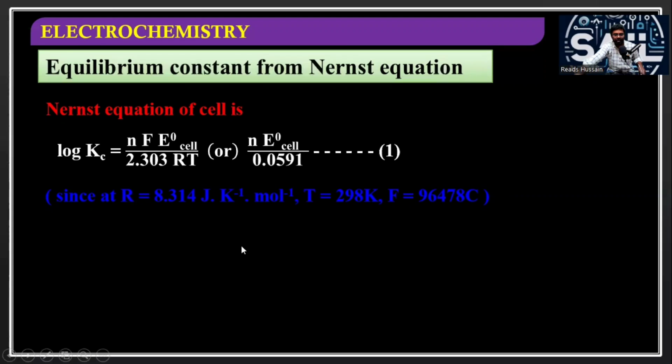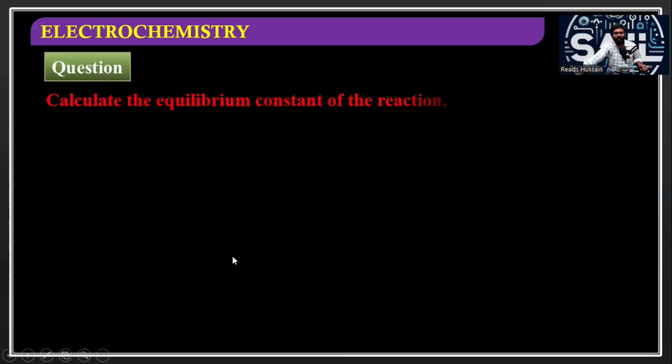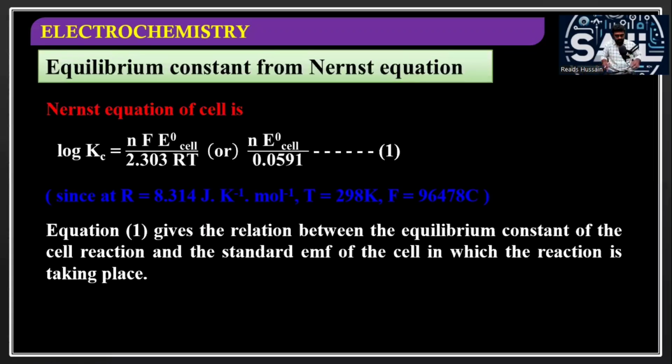If you substitute the R, T and F values here, then this formula becomes like this. That means this value becomes 0.059 by N. And this is the Nernst equation for equilibrium reactions.